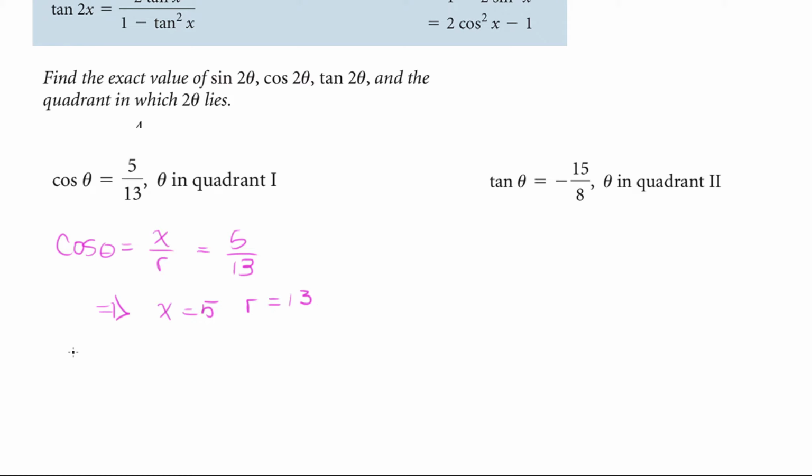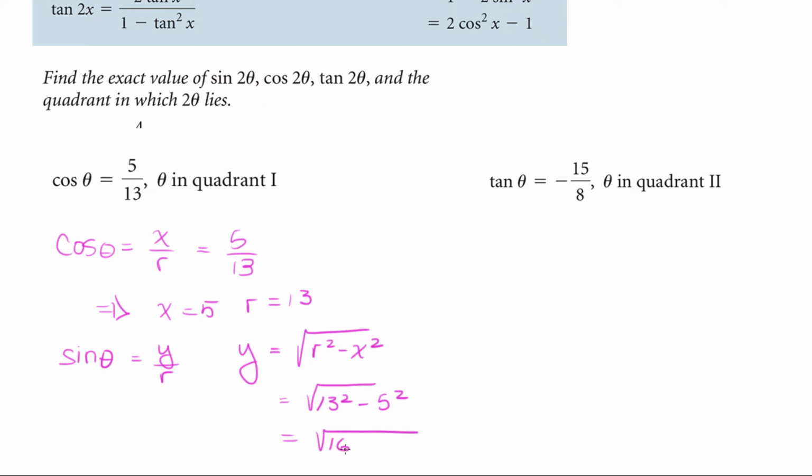In order to find sine of theta, we need y. Using the formula, y equals square root of r squared minus x squared. We plug it in, we get 13 squared minus 5 squared, and that's the square root of 169 minus 25.